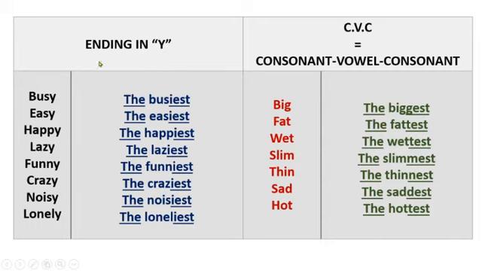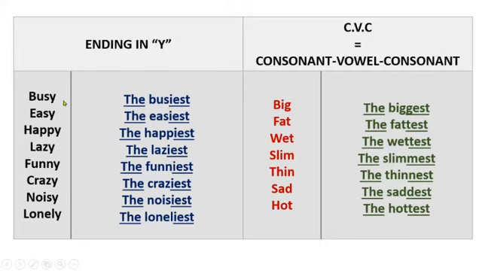We have, for example, adjectives ending with y. What happens with them? We have the adjectives bossy, easy, happy, lazy, funny, crazy, noisy, lonely. All of them end with y, and they are short. That's why we use the ending iest.